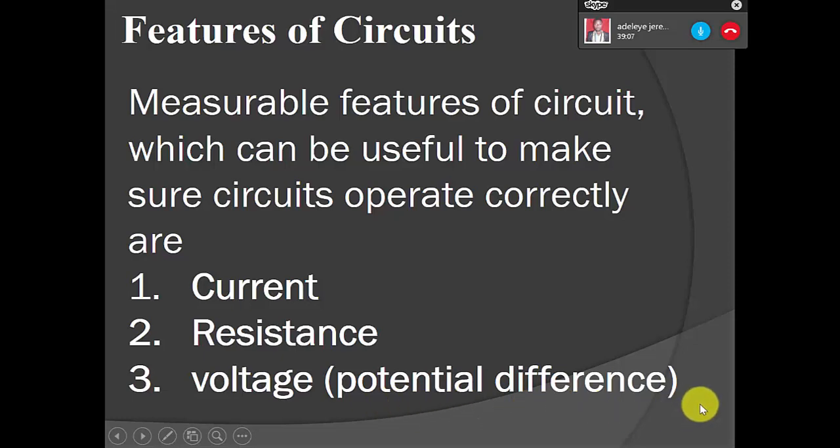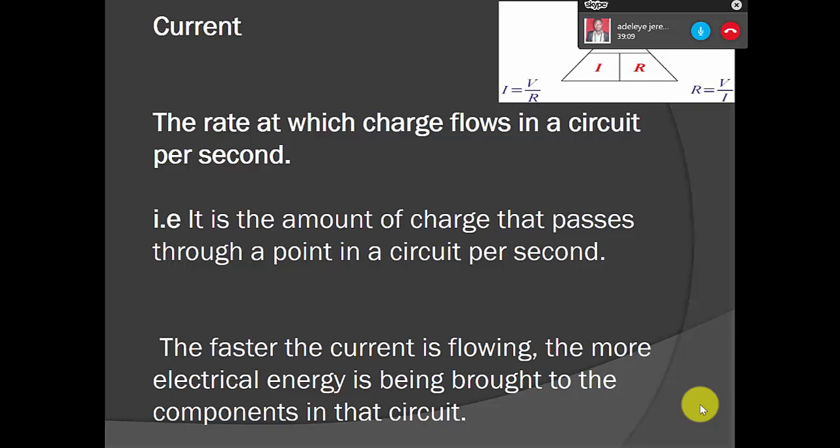A current is the rate at which a charge flows in a circuit per second. This is measured with ampere. So the amount of charge that passes through a point in a time is referred to as a current.